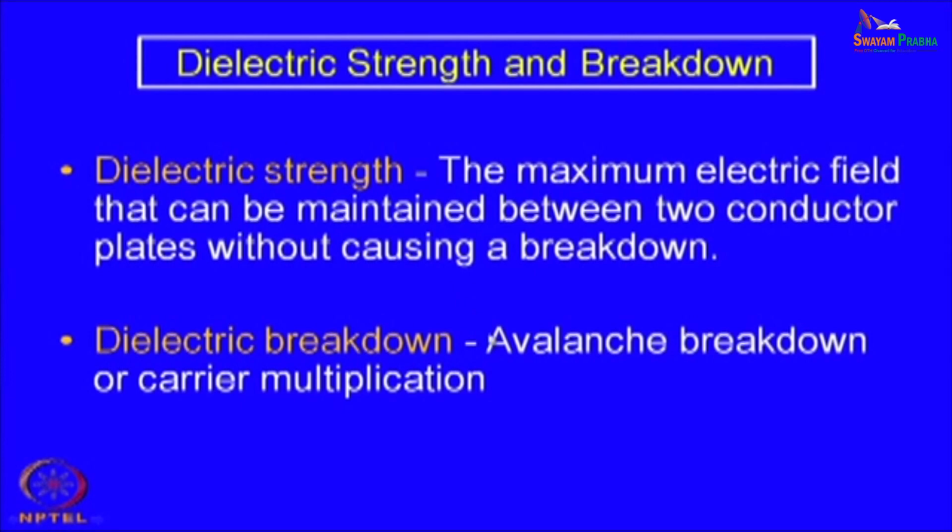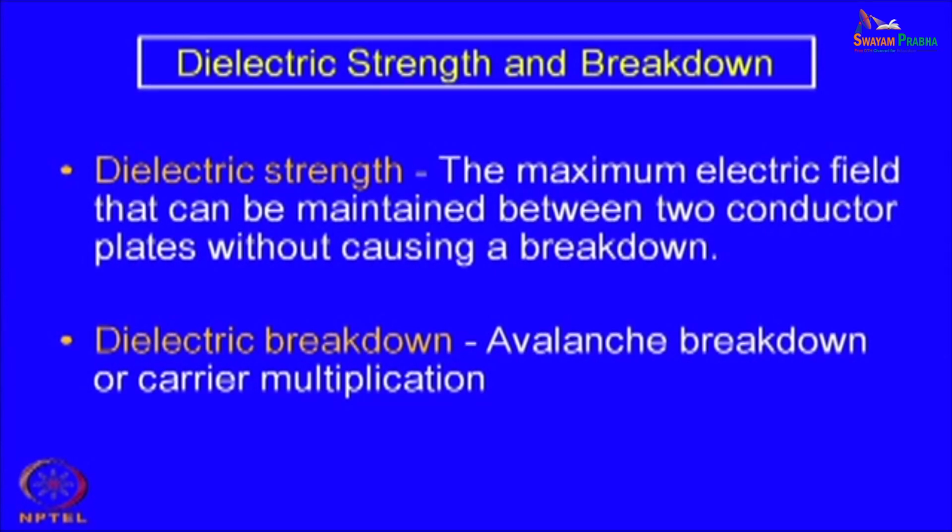In fact, what happens is an avalanche breakdown or carrier multiplication. That means initially the number of carriers is low when it is acting as an insulator or a dielectric material, but if the applied voltage crosses the dielectric strength of that particular material, then the chemical bonds between the atoms break down, and the material almost becomes a conductor.